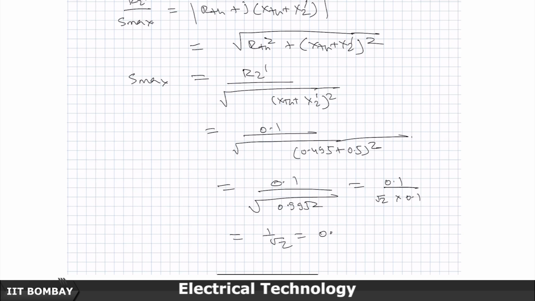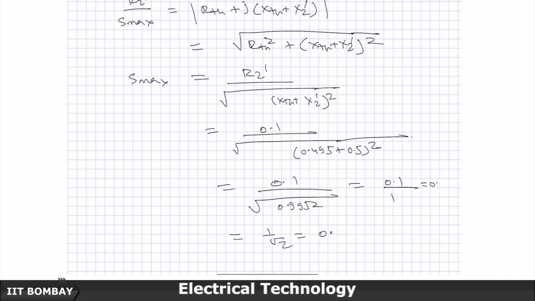This 0.995 square, 0.995 is as good as 1. So, approximately 0.99 is approximately 1, 1 square under root is 1.